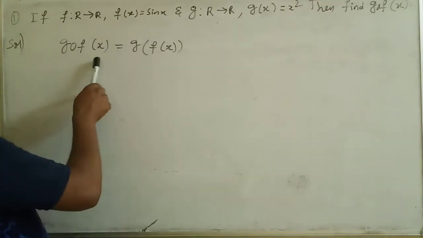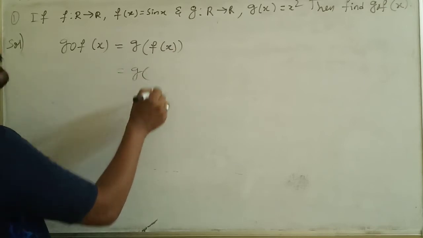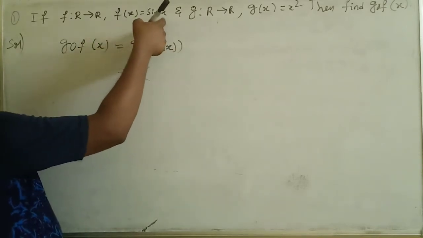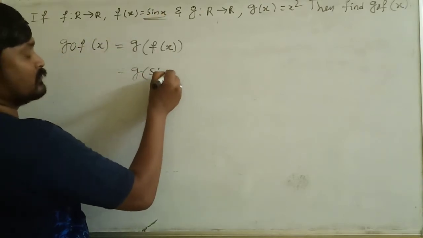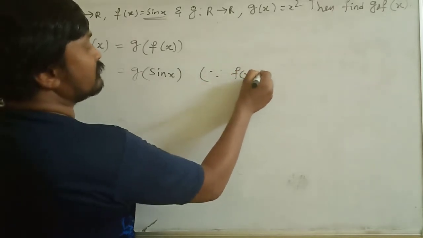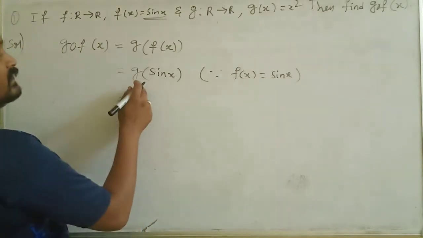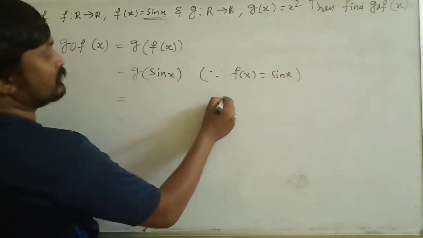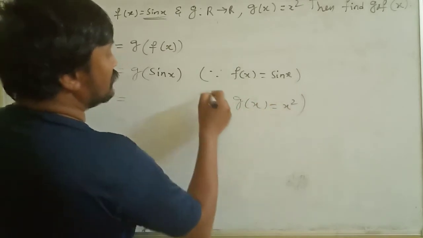So now g circle f of x is equal to g of f of x. What is your f of x here? f of x is nothing but sin x. Just substitute here. So now g of sin x. Here g of x is equal to x square.